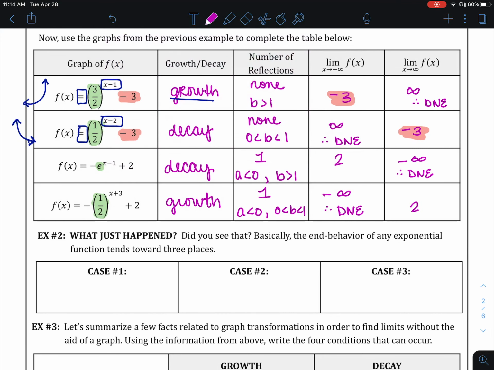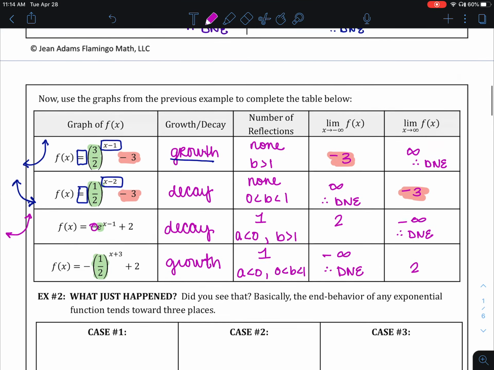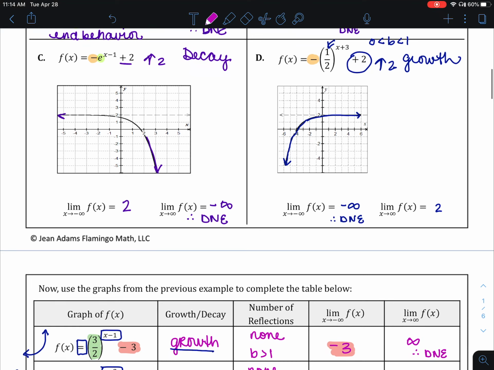The third example is where things change a little bit. We see that this is e, about 2.71, and so that would make this growth to begin with, but this negative makes it decay, right? So we would start like this, and then we think about what reflection a negative out front would give us. And so we see it here, right?